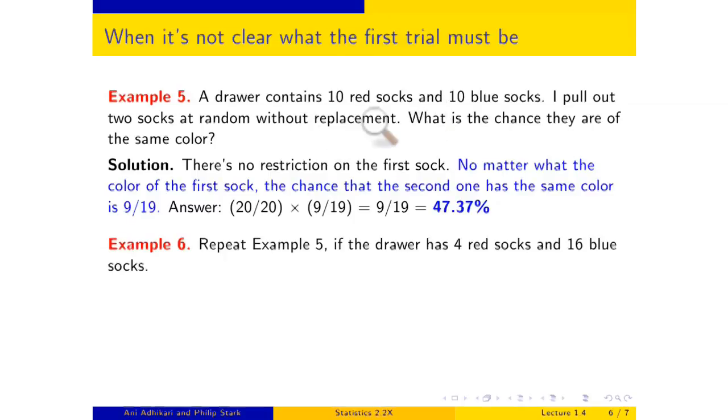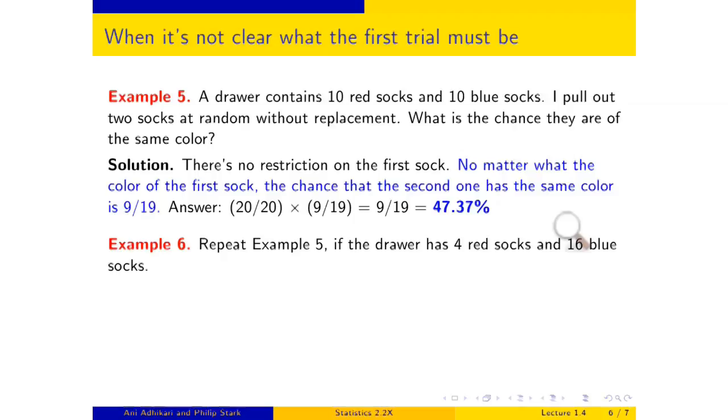So we have a different drawer of socks, and now we have 4 red and 16 blue. And we're going to do the same thing. We're going to draw 2 socks without replacement, and we want the chance that they're of the same color. So let's play the game that we played here. What does the first sock have to be? Could be anything. I'll take anything. So there is no restriction on the first sock, just as in the previous setting.